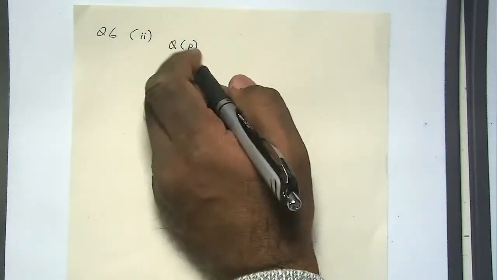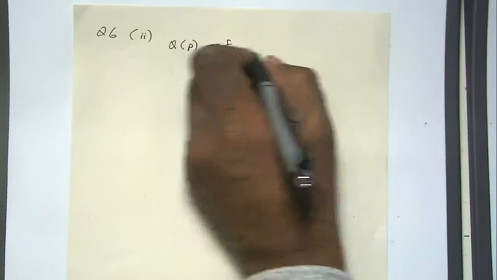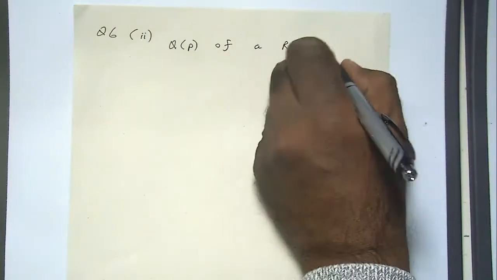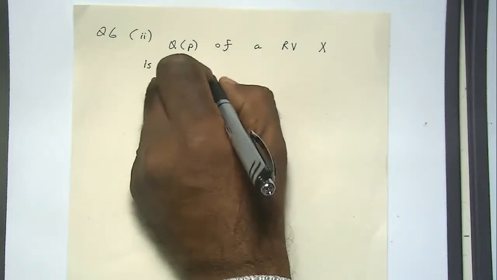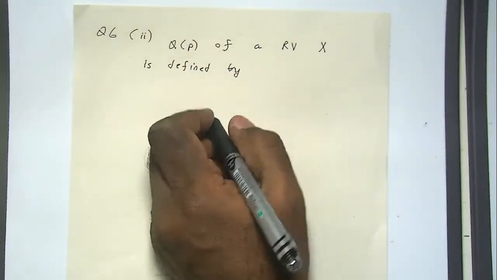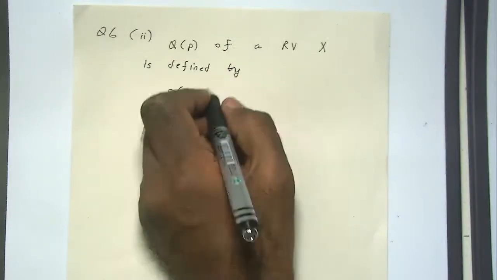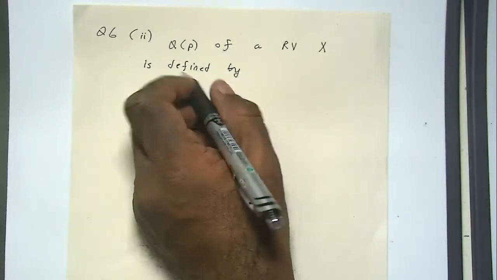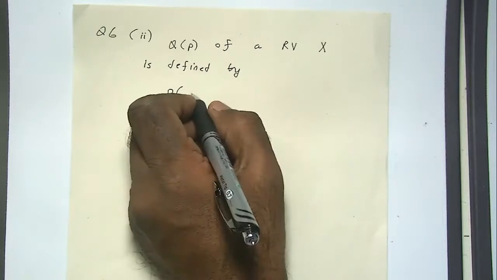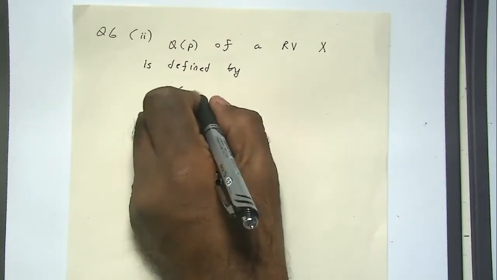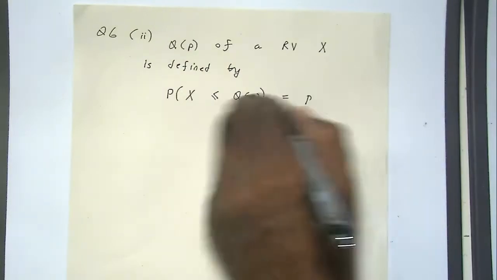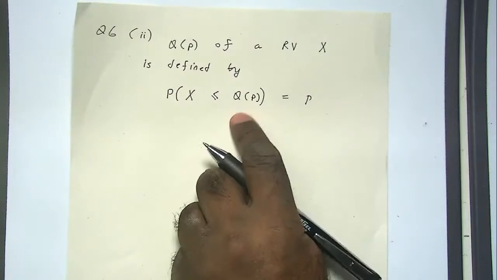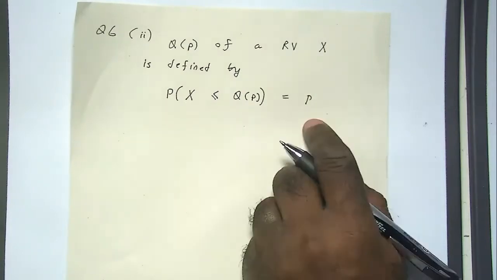The quantile function of a random variable x is defined by the following. I will talk more about this next week, but I just want you to know that the quantile function of any random variable, it doesn't need to be normal, is defined by this equation.